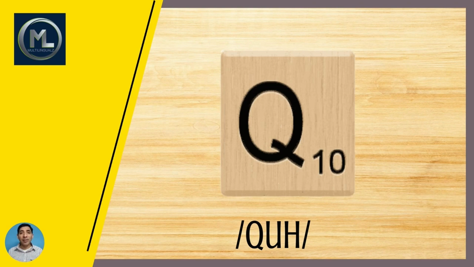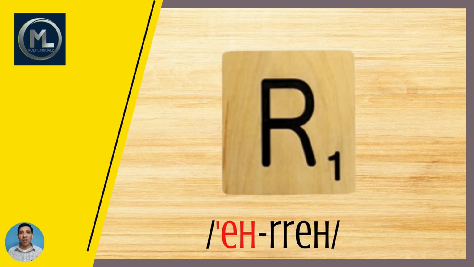This one, the Q, is called "cu". Then we have a difficult one. This is called "erre". We tend to call it "erre", especially when there are two of those in the same word. We say "erre", or we can say "doble erre". Sometimes when it is alone, we can call it "ere".